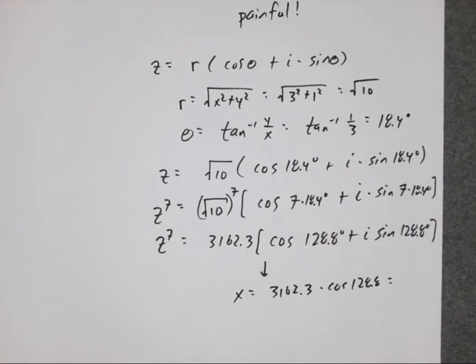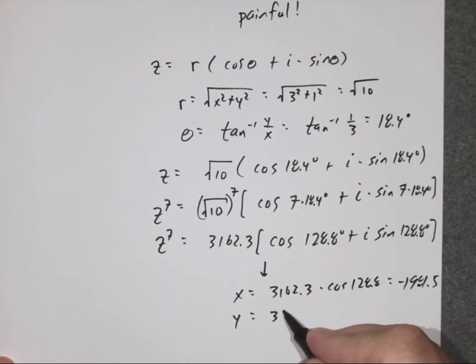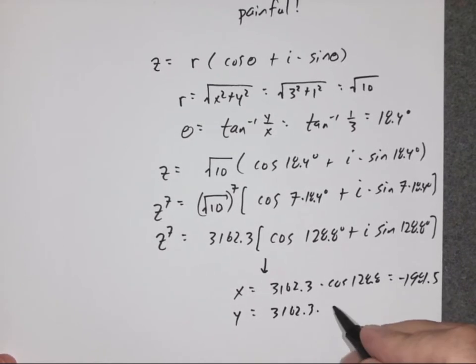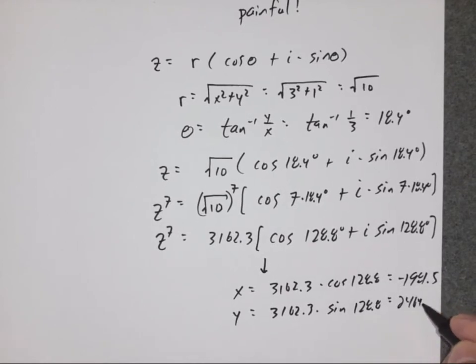Cosine of 128.8 times 3162.3 is negative 1981.5, and y is r times the sine, so the sine of 128.8 times 3162.3 equals 2464.5.